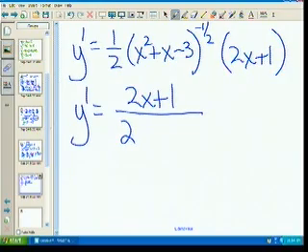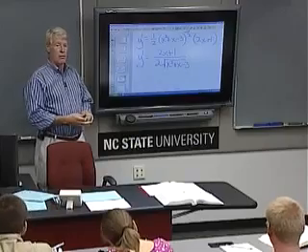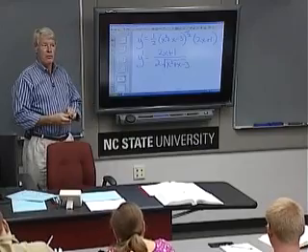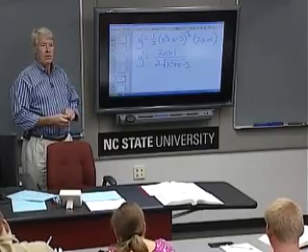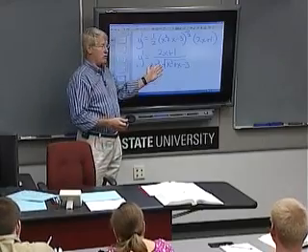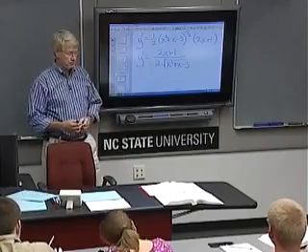And if it's to the 1/2, it's a square root. So if we were setting this derivative equal to 0, that would be a form that would be fairly easy to work with. How would you set it equal to 0? The numerator. When is the numerator equal to 0? And if you were seeing where it failed to exist, you'd set the denominator equal to 0.